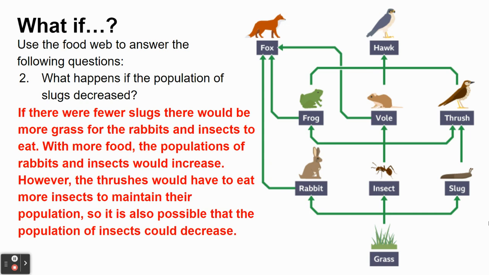So it's possible that the population of insects might decrease. And this would reduce the populations of voles and frogs because voles and frogs also feed on insects. We call this idea of organisms linked together in terms of the environment by the word interdependence. The organisms rely on each other, they affect each other.